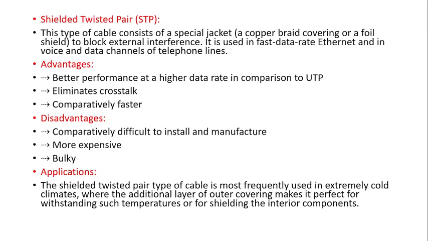So what is shielded twisted pair? It consists of a special jacket, which is used to block external interference. It is used to send fast data by means of Ethernet, voice and data channels, as well as telephone lines.